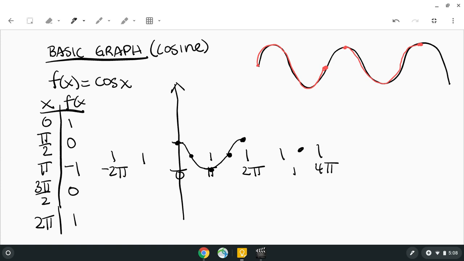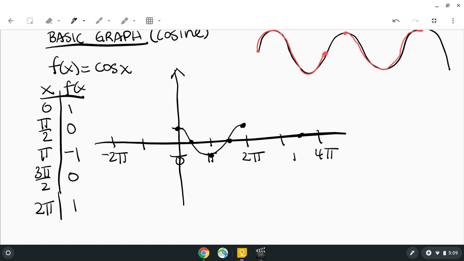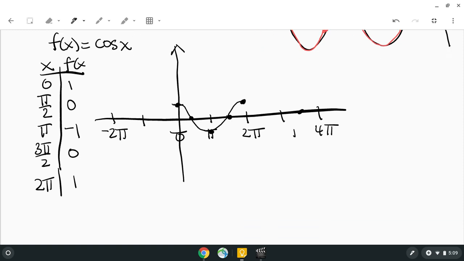But again, we're concerned about graphing one cycle. So let's just focus on one cycle. If it says to graph two periods or 2 cycles, then do 2 periods. But hopefully you see the similarity, but that we are just going to focus on one part of the wave.